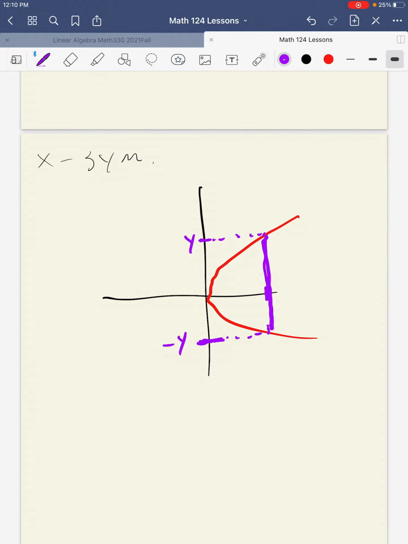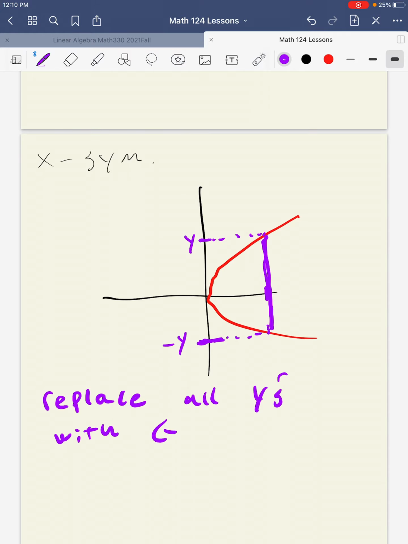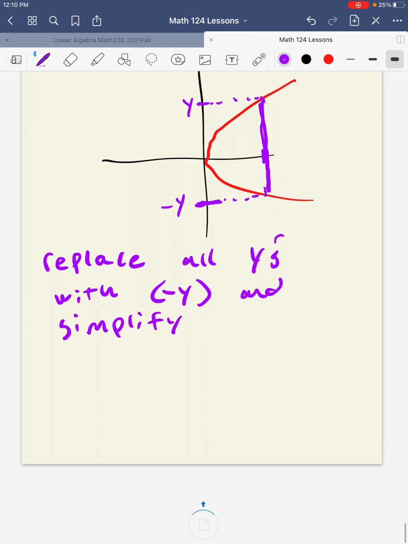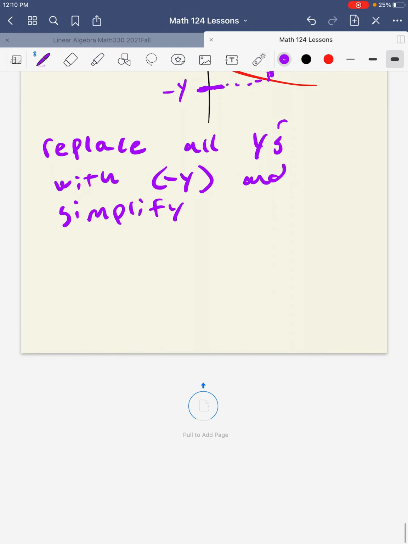So to test for x symmetry, we replace all of the y's with minus y's and simplify. Okay, so now either two things can happen.